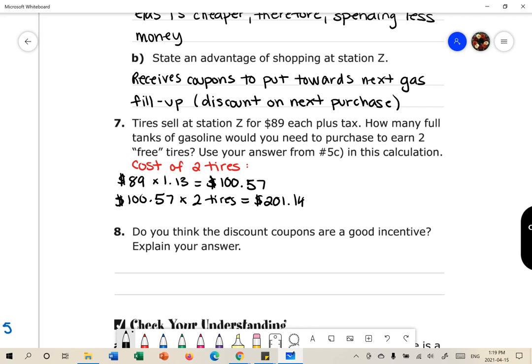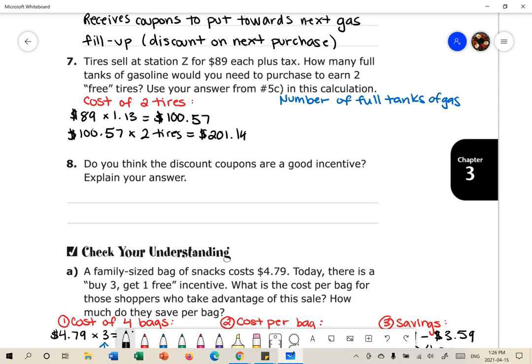Now we need to determine the number of full tanks of gas to get to $201.14. I'm going to take my $201.14, which is the cost of 2 tires, and I'm going to divide it by how much I would get for 1 coupon, which is $1.36.